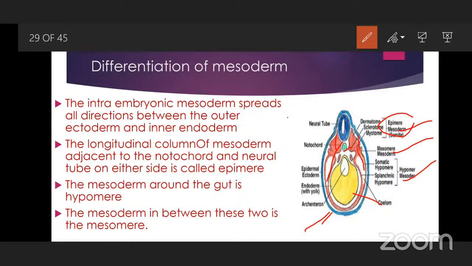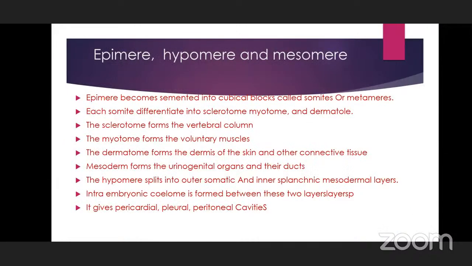The location of the hypomere is around the alimentary canal, which is the archenteron, going to form the future alimentary canal. And in between the hypomere and epimere, there is a structure known as mesomere. These structures are the earliest differentiation of mesoderm tissue. Later on, these epimere, mesomere, and hypomere give rise to certain structures of the body.